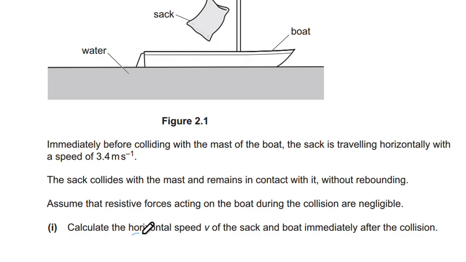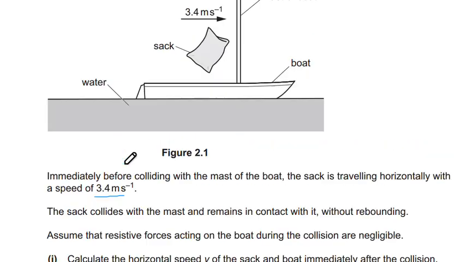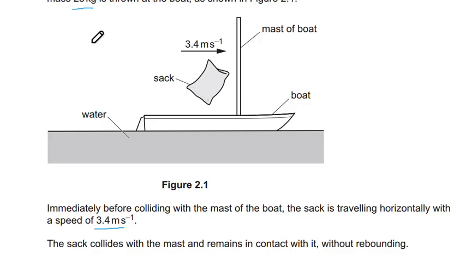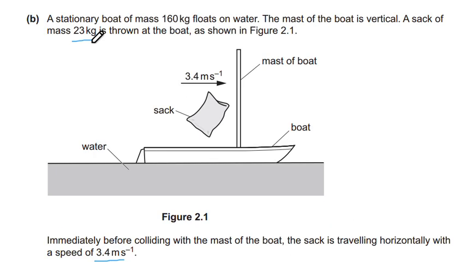We will apply conservation of momentum in the horizontal direction, and before collision only the sack was moving horizontally with this speed. Its mass is 23 kilogram. After collision we have both boat and sack move as one object.